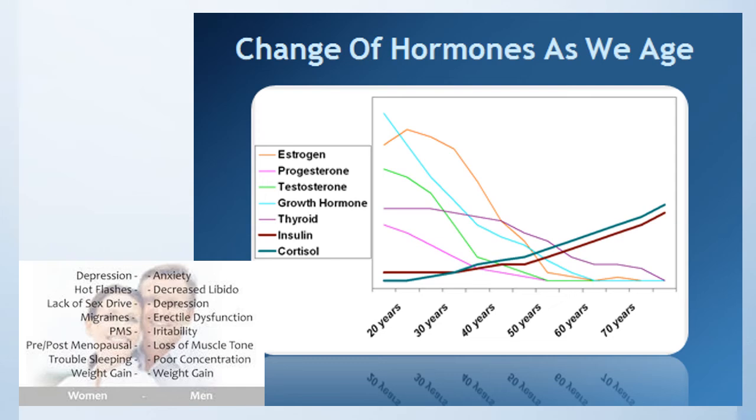So when these hormones come down, you have depression, hot flashes, a lack of sex drive, migraines, PMS, and so on and so forth.